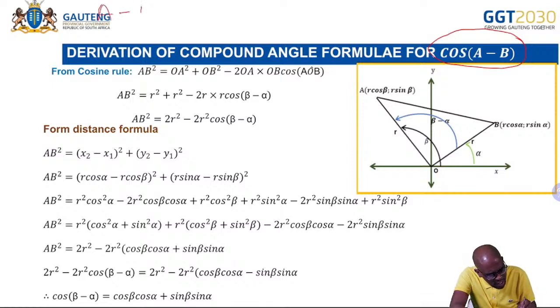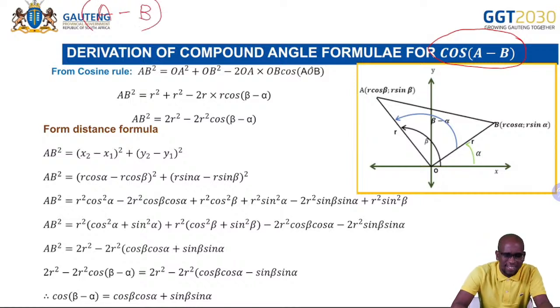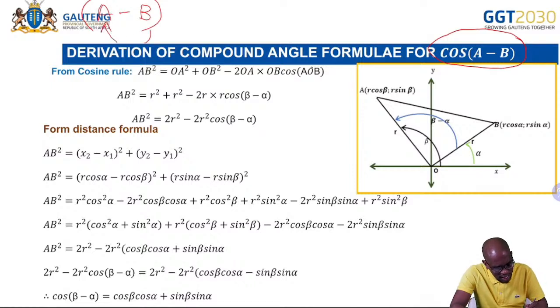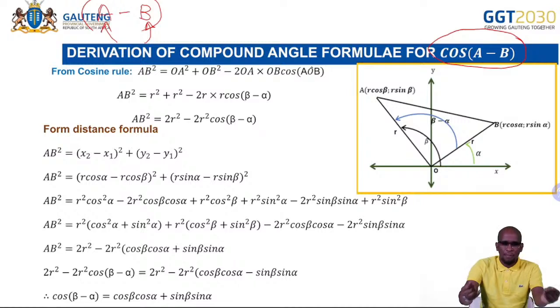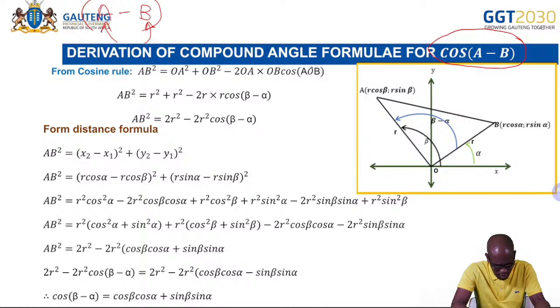If you look at this, it is made up of two different angles, with one being a and the other one being b. But because it's the addition or the subtraction of two different angles, we say that this is the compound angle.